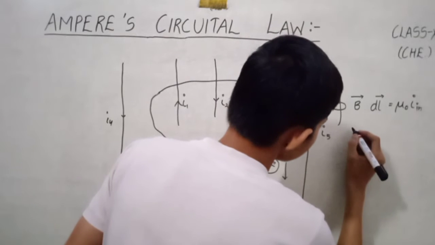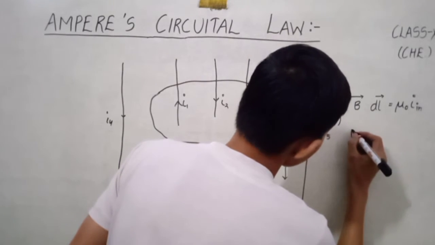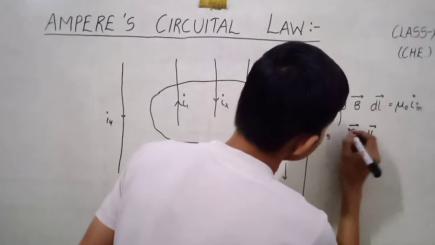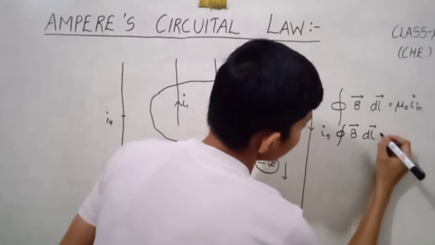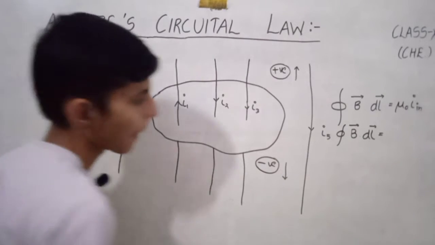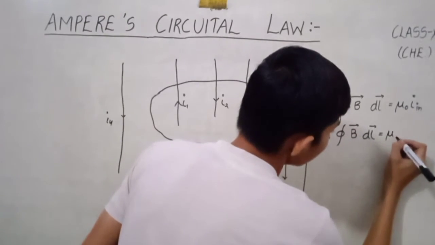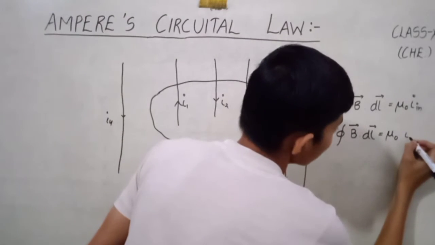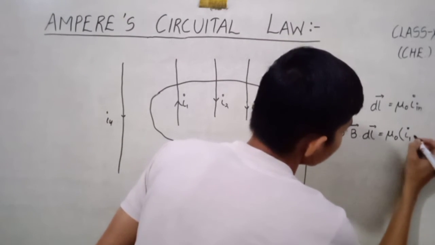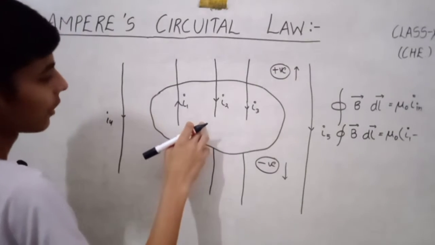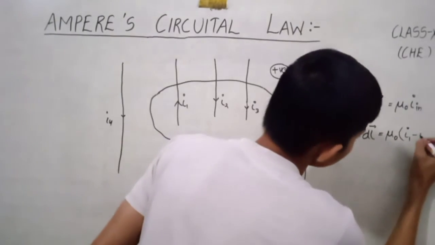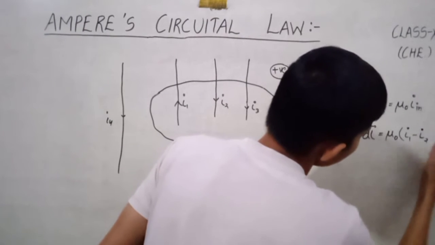So the closed integral of B dot dl equals mu naught I in. Current I1 is in the positive direction and I2 and I3 are in the negative direction, so we subtract them from I1.